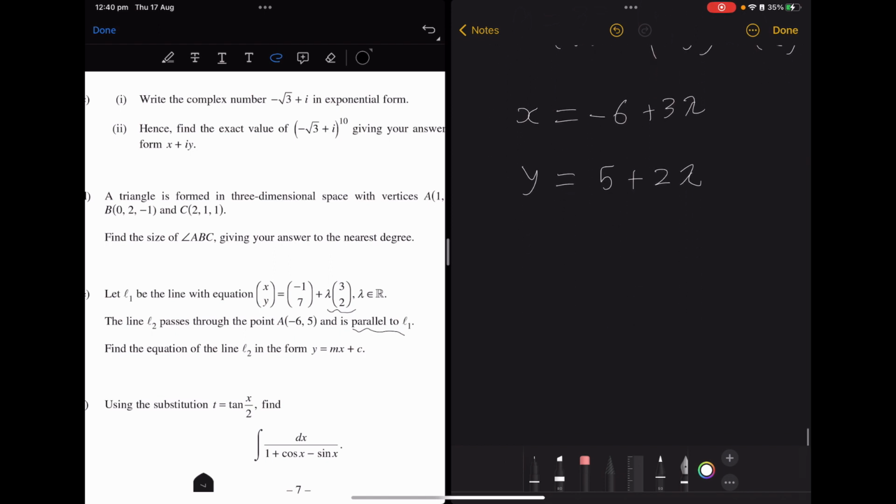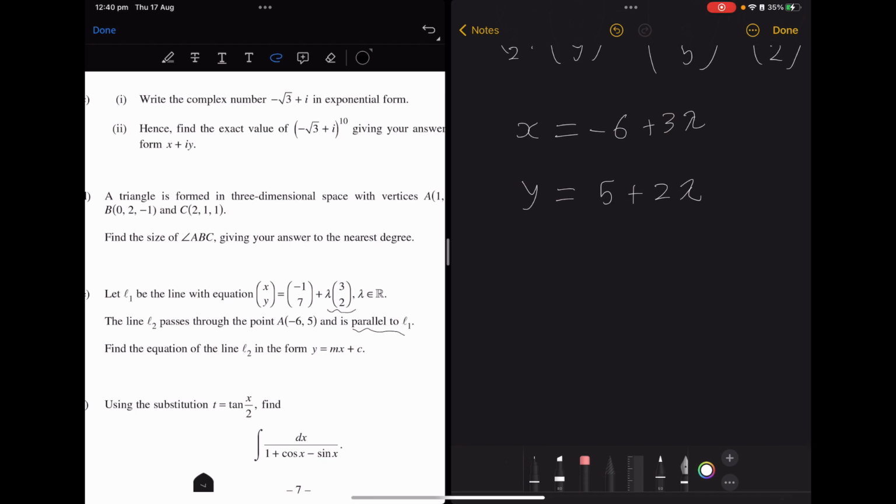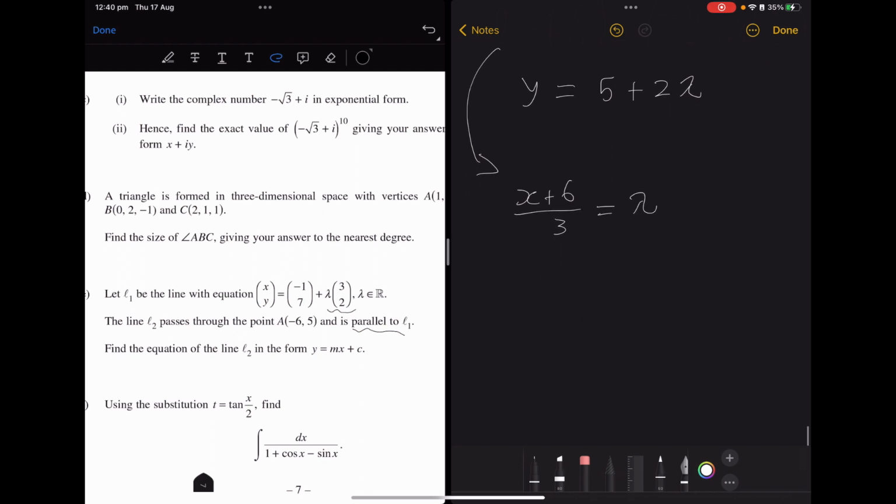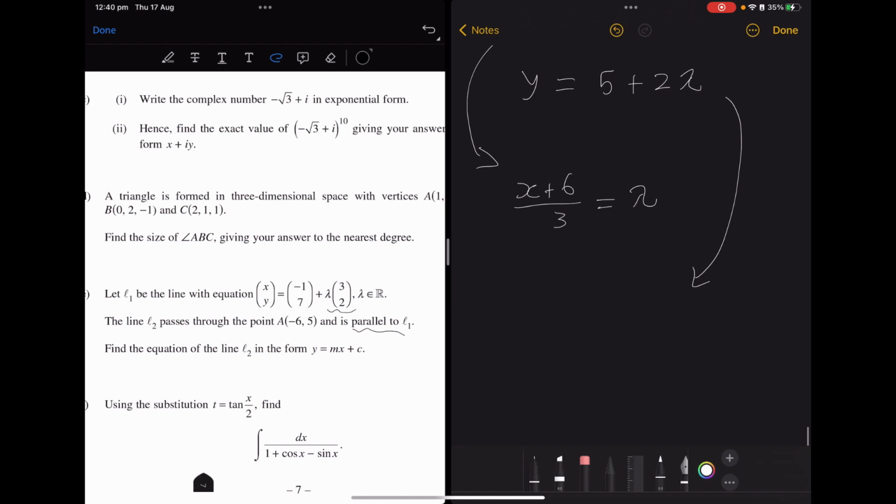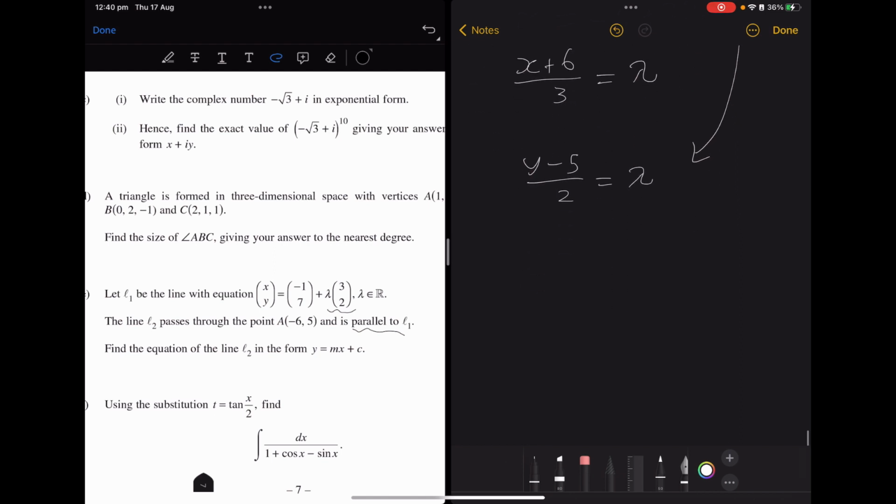And what we do is make each side equal to lambda. So for the first one, (x + 6)/3 = lambda. And for y, we have (y - 5)/2 = lambda. And therefore, we can equate both sides like this.